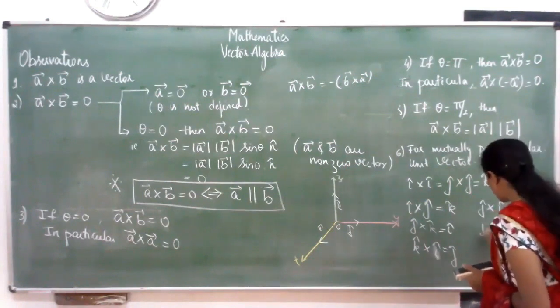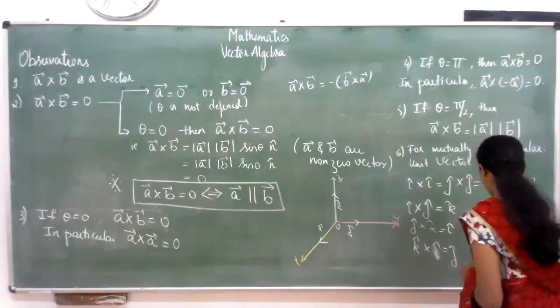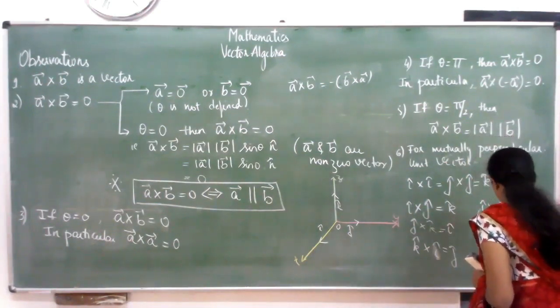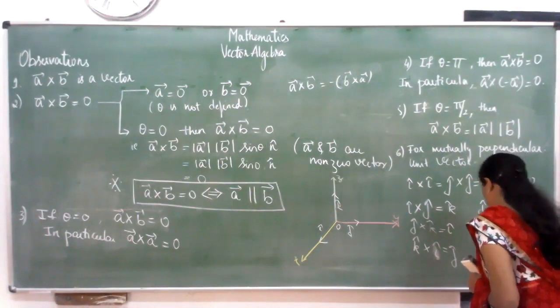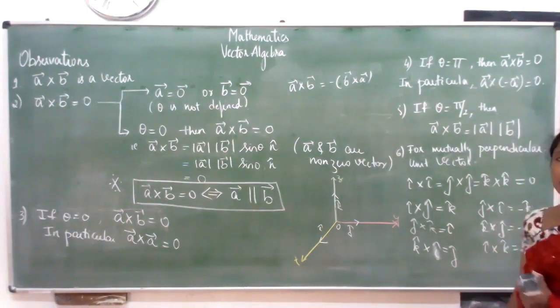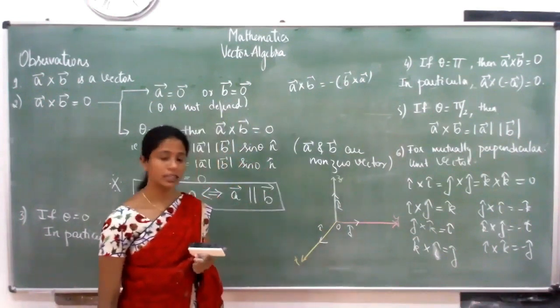Then similarly, K cap cross J cap will be equal to minus I cap, and I cap cross K cap will be equal to minus J cap. What is the method of remembering this?